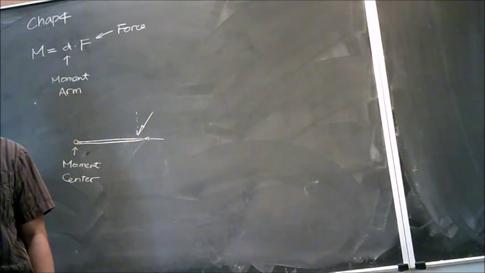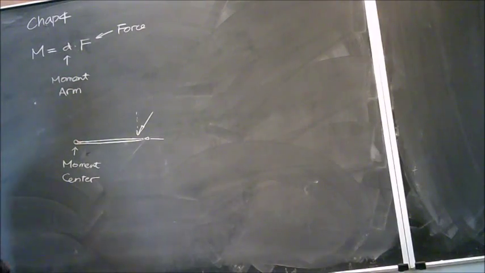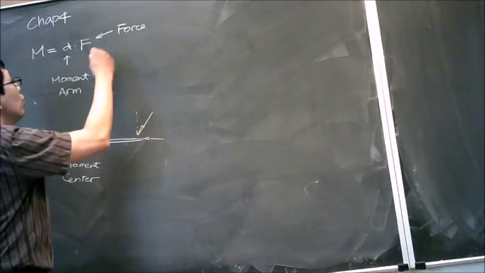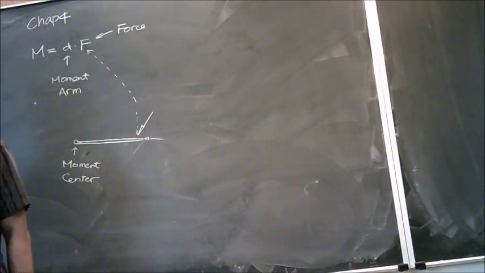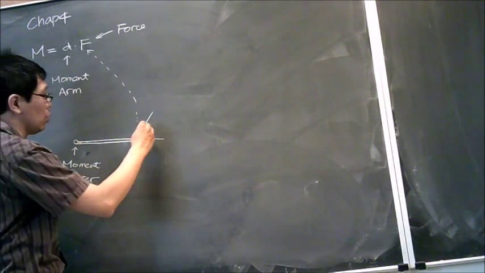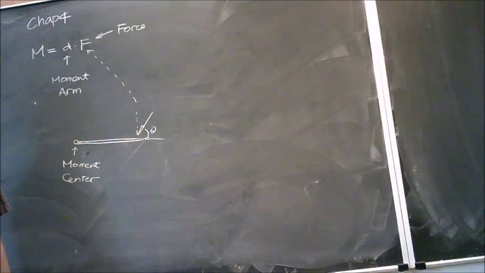When it's parallel, it's not going to create any moment. Only when this force is perpendicular to the moment arm will it fall into this formula, and we need to calculate for the moment.